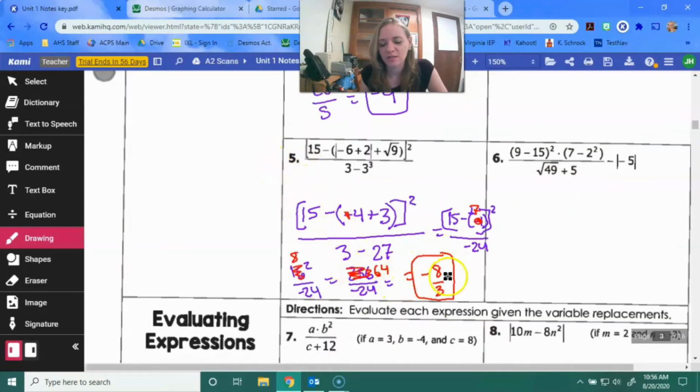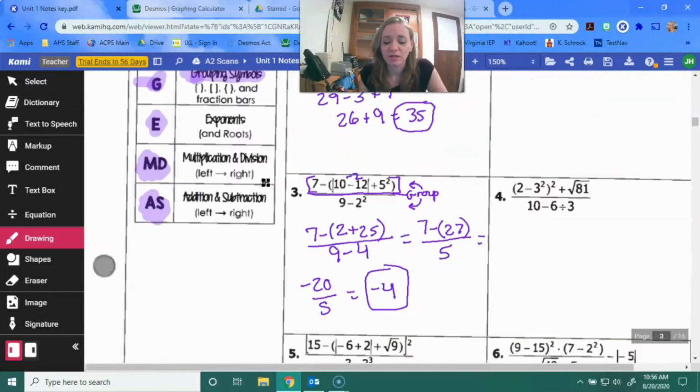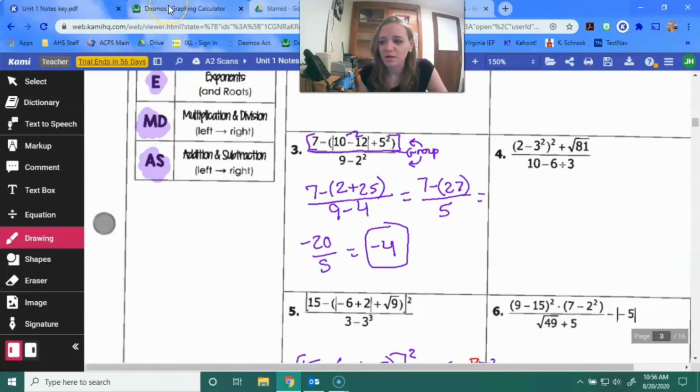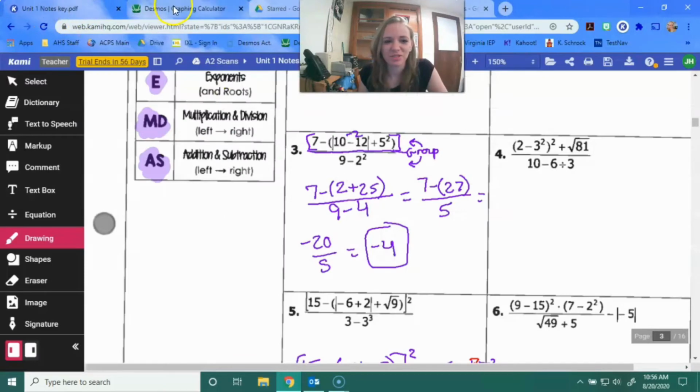If I get this answer, and then I put this in the calculator, it's a good idea to compare the answers. Now, you can input things incorrectly into the calculator, so that's the main drawback, but usually it is apt to make fewer mistakes than you.